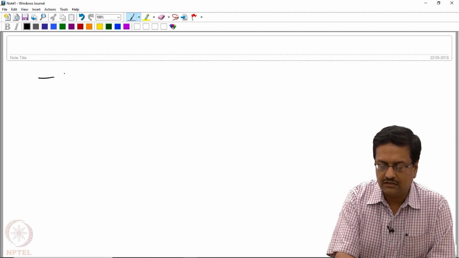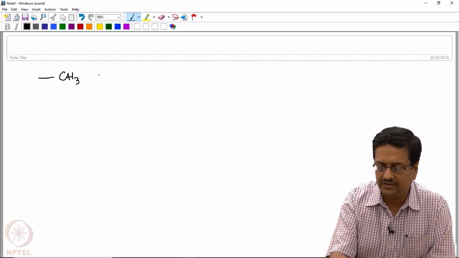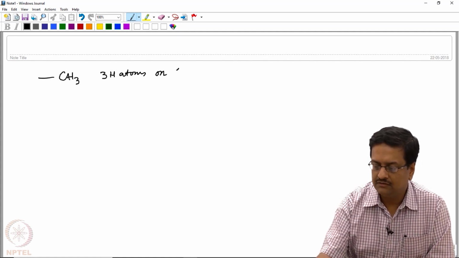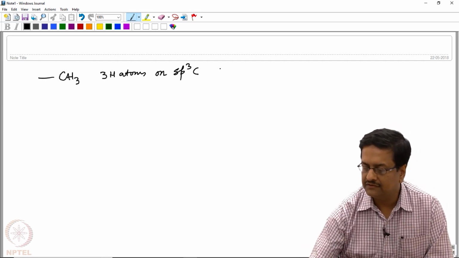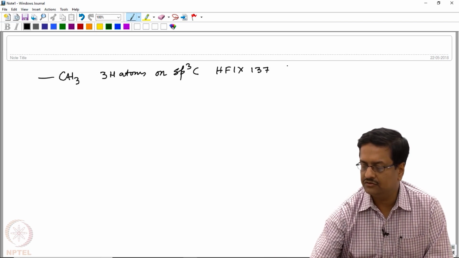If you want a CH3 group, with all three H atoms added on an sp3 carbon, the corresponding command will be HFIX 137 and the corresponding carbon may be C1.